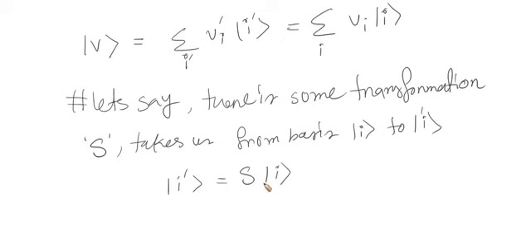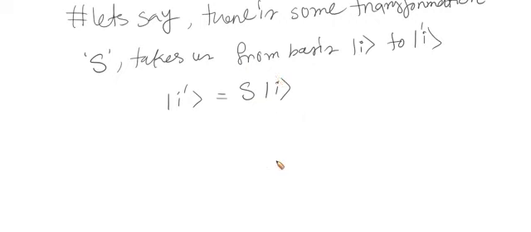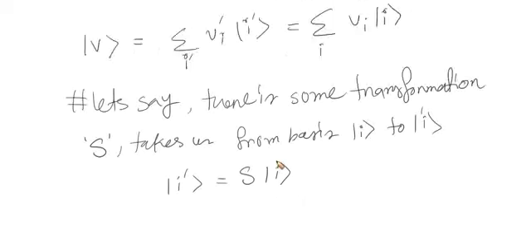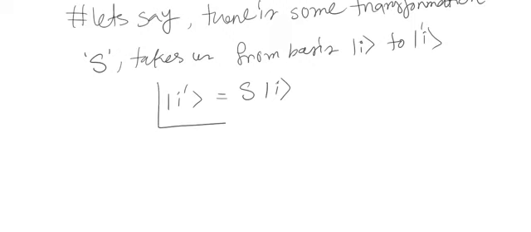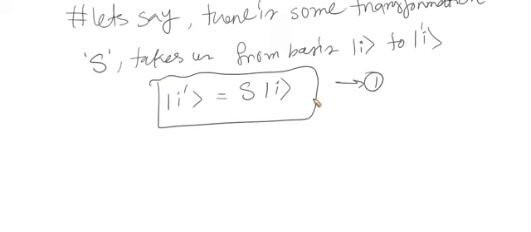Obviously you can work in the component notation as well, but let's just keep this thing over here. So what does this tell us? That is this equation over here, call it equation 1, and what does this tell us about the components, right?